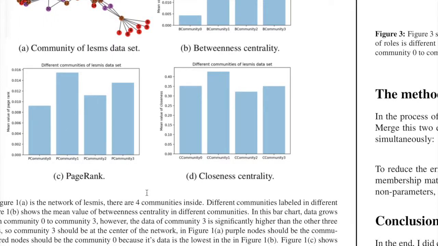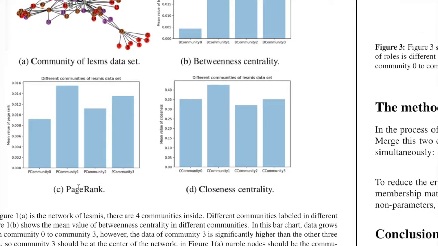For PageRank, this concept comes from the website area. That means to calculate the number and quality of links from other websites. In our project, we can use PageRank to find out which community is more important, because an important community receives more connections. So in this figure, we can say that community 1 receives more connections.